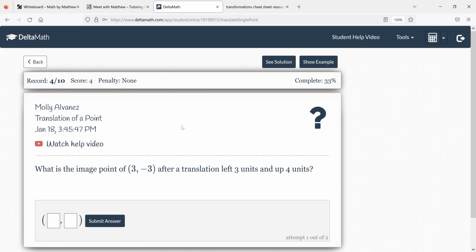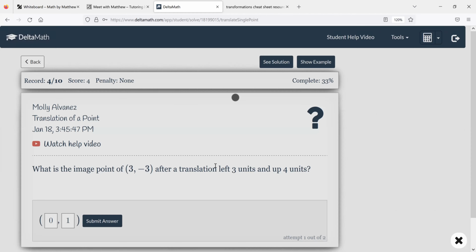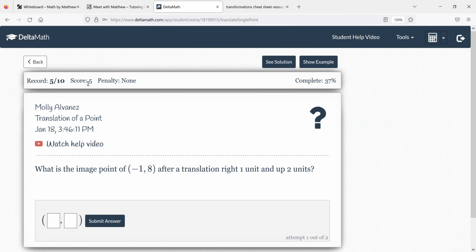Okay. Left 3. So left 3 this time means to subtract 3. 0. Okay. And then up 4. 1. Very good. 0, 10.